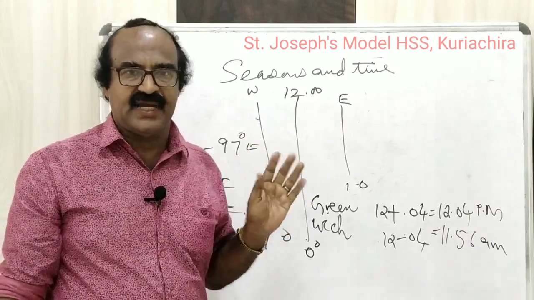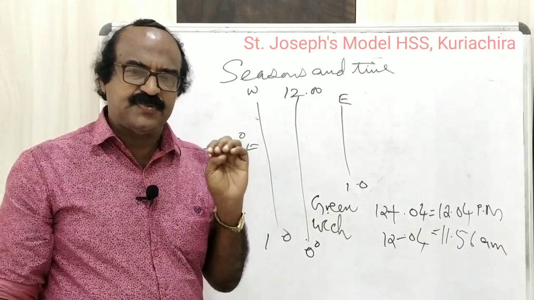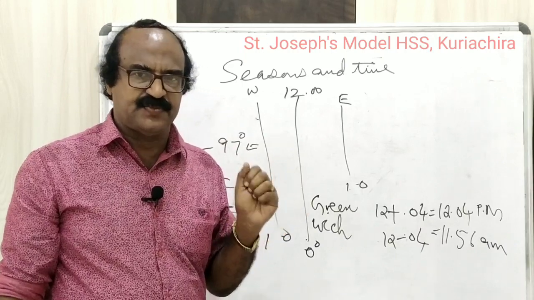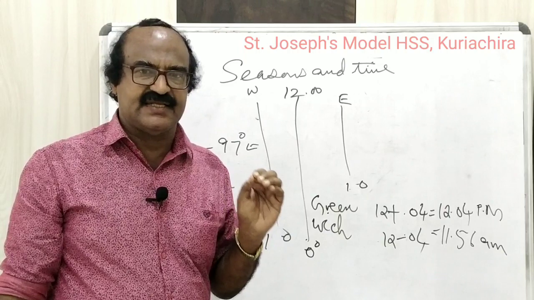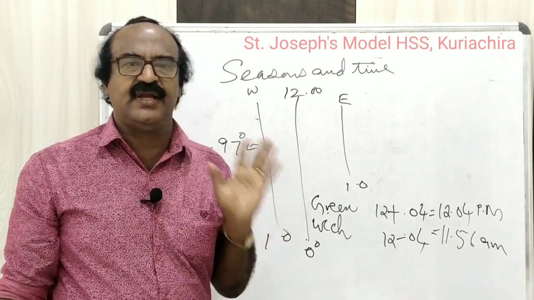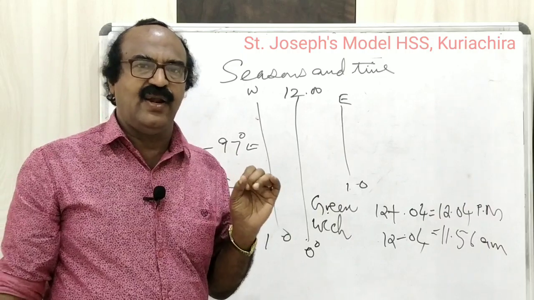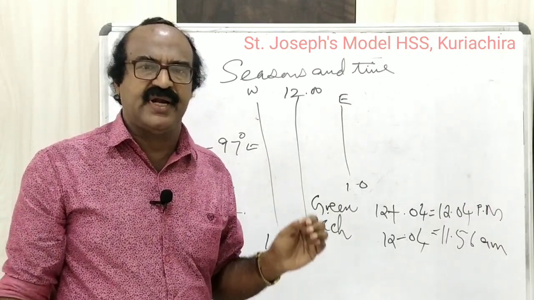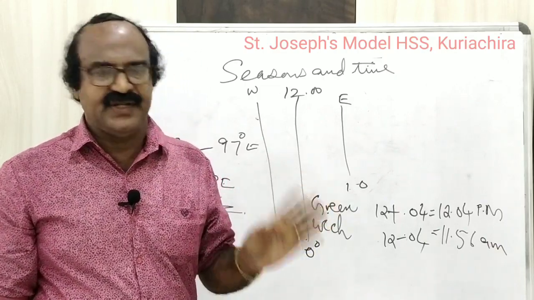What is standard time? I shall say once more. The longitude which passes through the middle of a country is considered as the standard meridian of the country. The local time at the standard meridian is considered as the standard time of India.